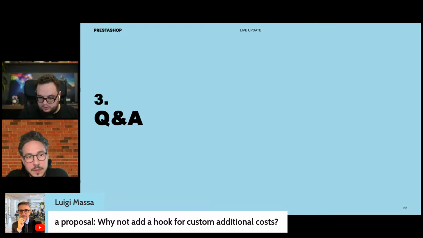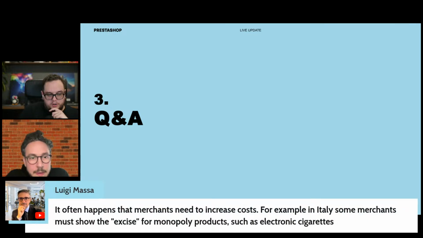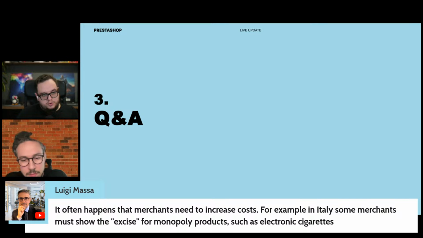I see that you added that, but this has an impact on discounts. So, okay, it often happens that merchants need to increase costs. For example, in Italy, some merchants must show excise duty for monopoly products, such as electronic cigarettes. I'm not sure I understand correctly what you mean, Luigi.